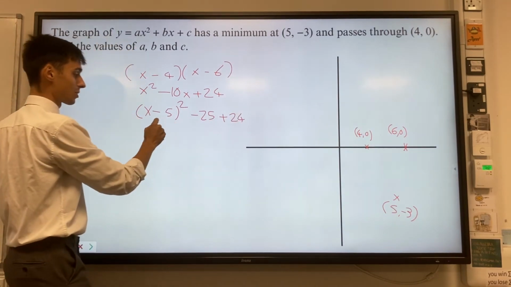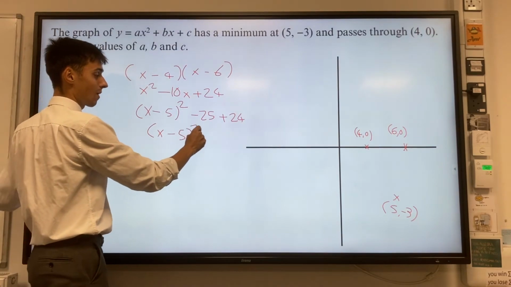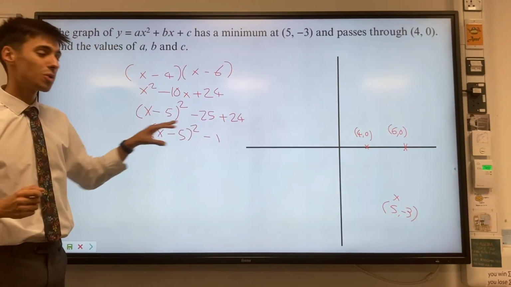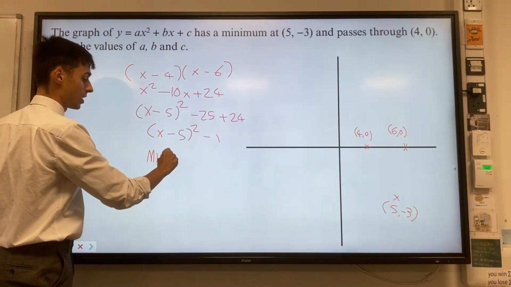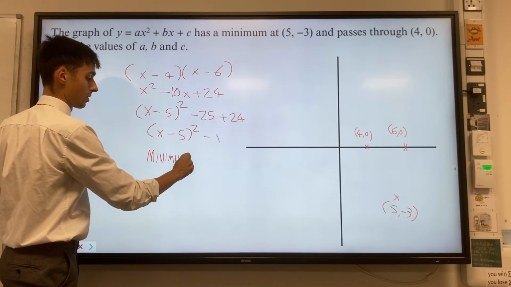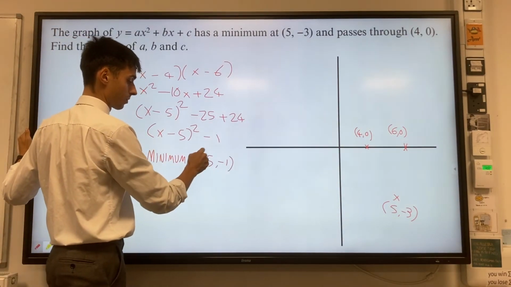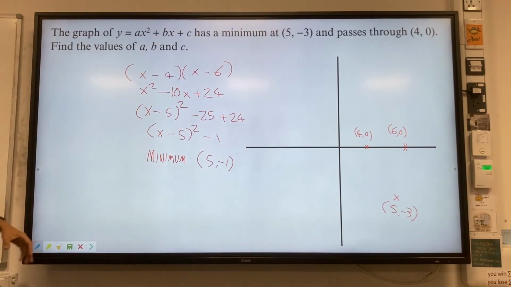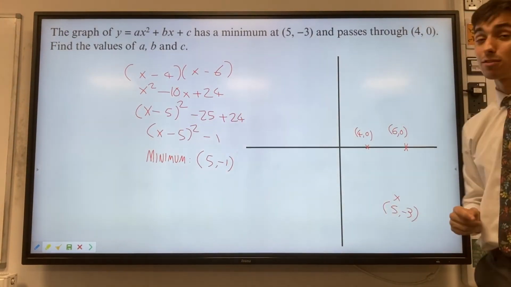So this would leave us with the completed square form of (x - 5) squared minus 1. And that tells us that the minimum point is at (5, -1) for this curve. And that just doesn't really work with our graph because our minimum point is at (5, -3).